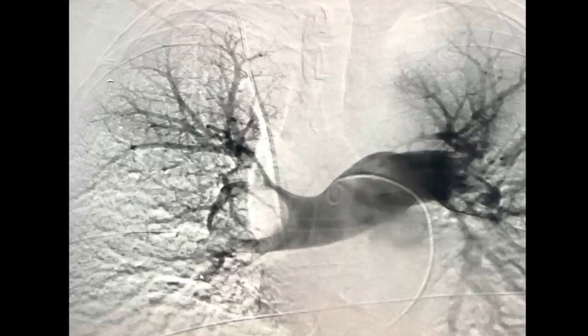So now this person's, sorry, yes, go ahead. Sir, I would look for any shunting or vascular anomaly. Okay, so this is a pulmonary artery angiogram.